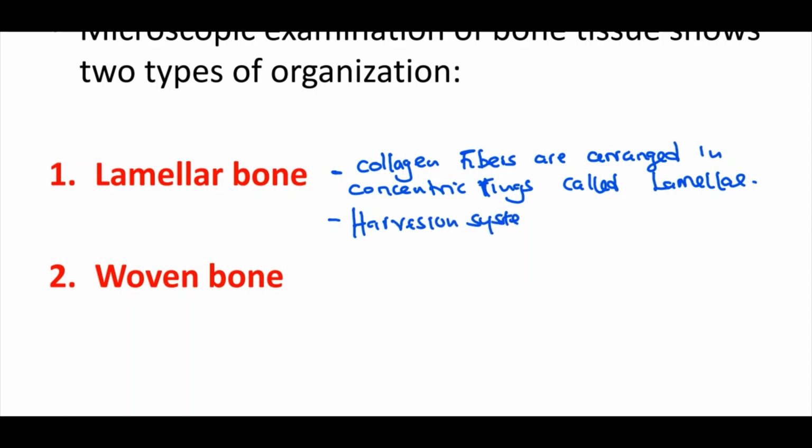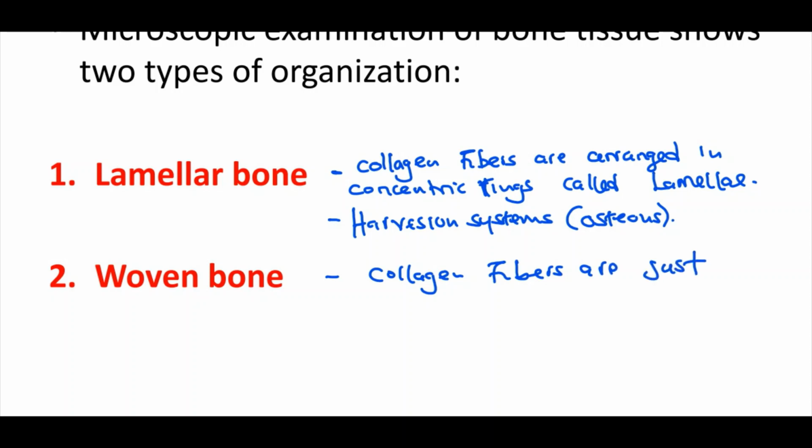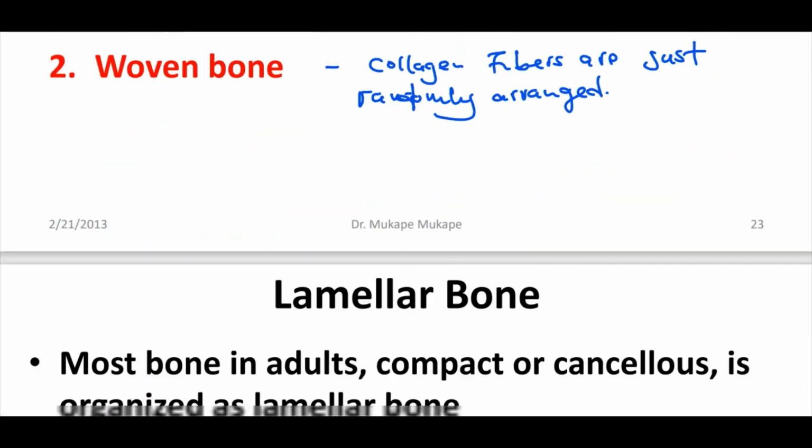The Haversian systems are also called osteons. But in woven bones, the collagen fibers are just randomly arranged. That's where the difference is. Let's dig deeper into these 2 types of bones.